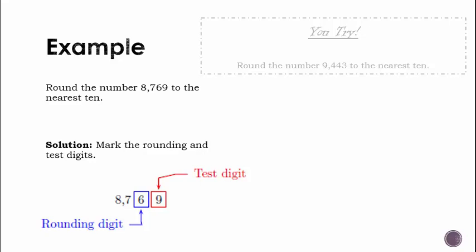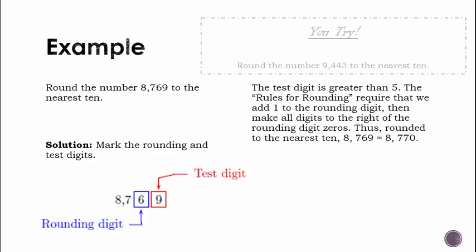So 9, the ones place, is my test digit. Okay, so the test digit is greater than 5, right? 9 is greater than 5. So the rules of rounding require that we add 1 to the rounding digit and then make all digits to the right of the rounding digit zeros, thus rounded to the nearest 10, 8,769 is approximately equal to 8,770.